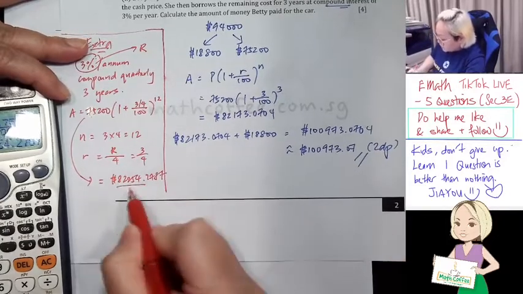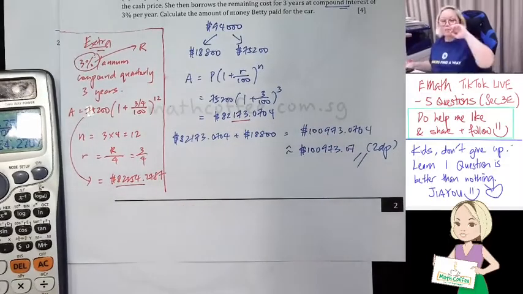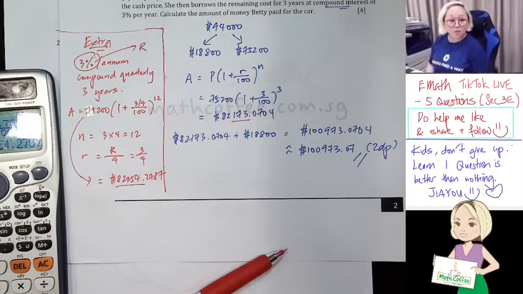And do you notice that this interest is more than this? By a bit only, by 100 plus. But it's definitely more, because it compounds quarterly. If it compounds more, it means I have to keep changing my principal amount to calculate the interest. So the interest will be more.